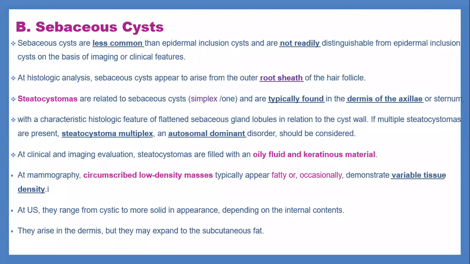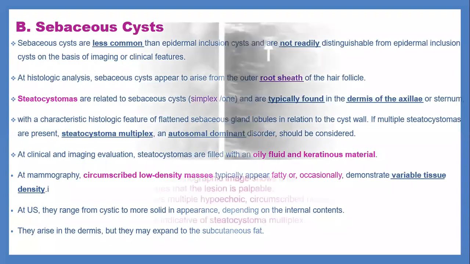It contains oily fluid or keratinaceous material, is a circumscribed low density mass, typically appears fatty or occasionally demonstrates variable soft tissue density. Ultrasound also ranges from cystic to soft tissue solid appearance depending on the internal content. They arise in the dermis, or they can expand into subcutaneous fat or the hypodermal layer, same as epidermal inclusion cyst.